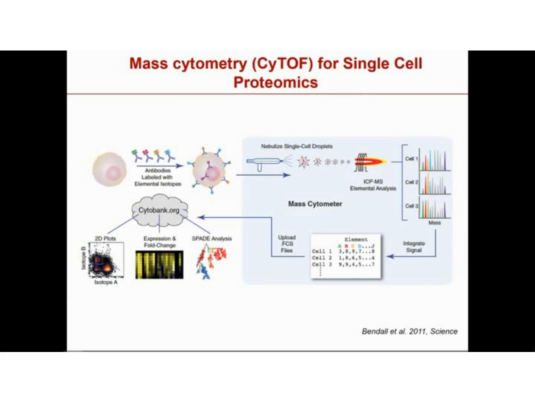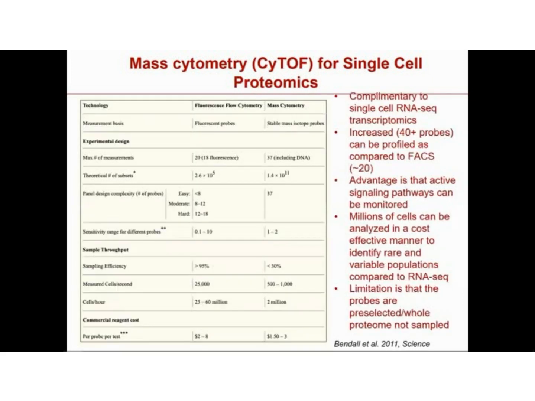This really high-dimensional data is then processed further, and it can tell you the expression and fold changes for each of these antibodies, as well as clusters of cells which are similar to each other, so you can look at distinct cell populations within the sample.